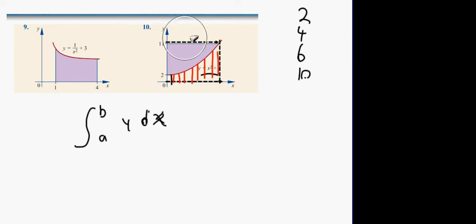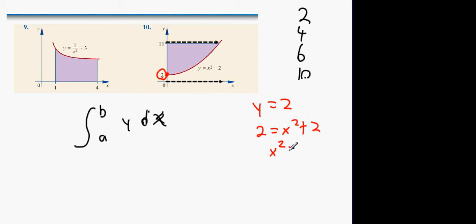Okay, so here's what happens. First of all, my main problem is I don't know anything about the x values. So we're going to find out when y equals 2. When y equals 2, 2 equals x squared plus 2. This implies that x squared equals 0, therefore x equals 0. We know that's the point (0, 2).